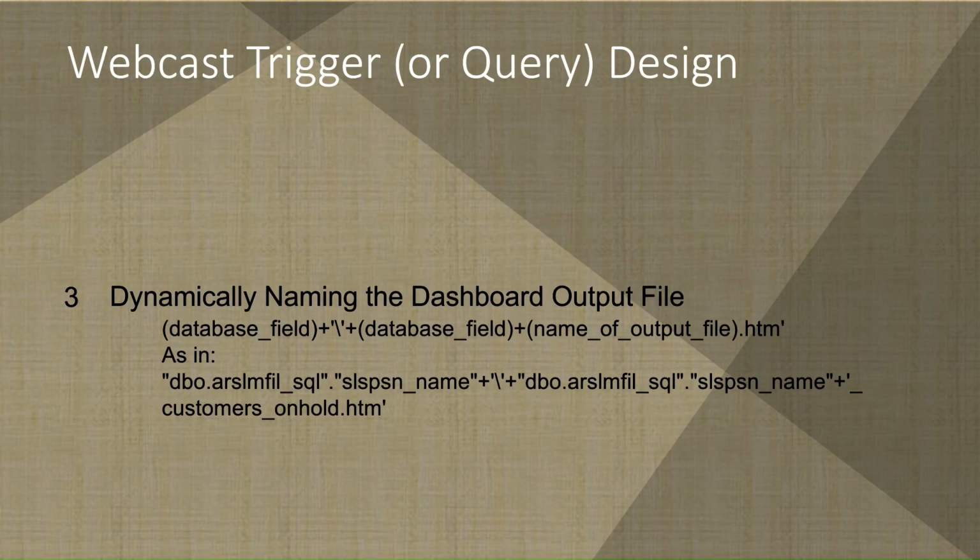Now, the sales rep named Bruce Huntington will have a file called Bruce Huntington_customers_on_hold in his folder, and the other sales reps will have correspondingly named dashboards as well.